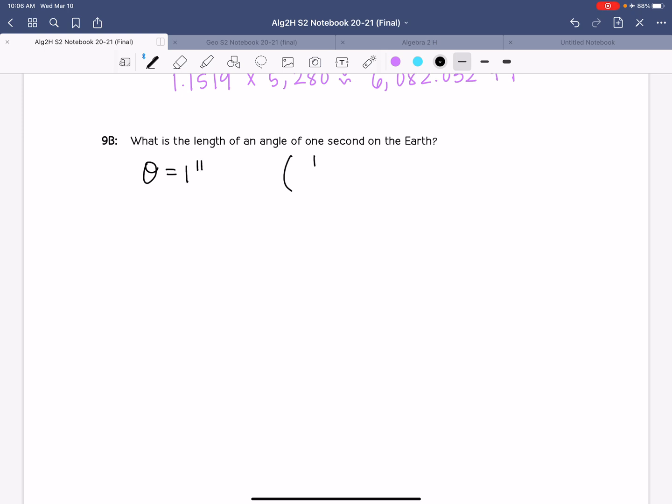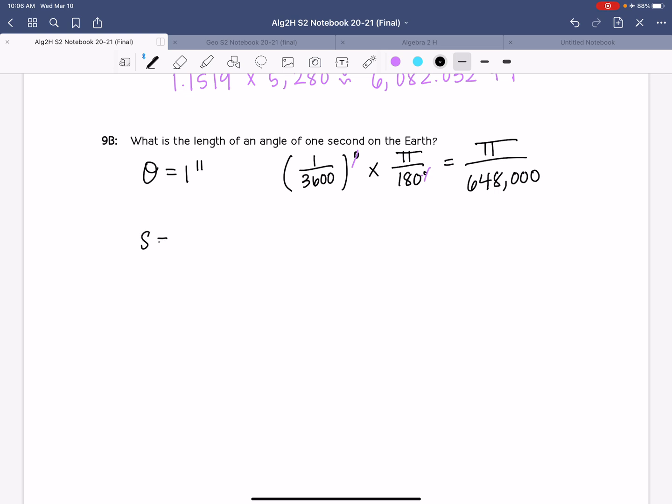We know 1 second is 1 over 3,600 degrees, times pi over 180 degrees. So again, our degrees cancel, so we can have radians. And we get pi over 648,000.